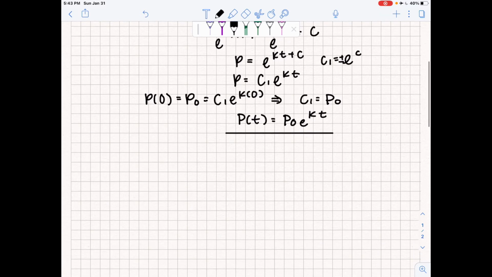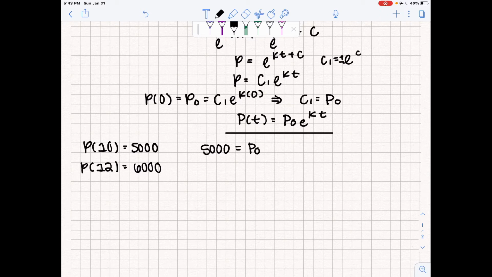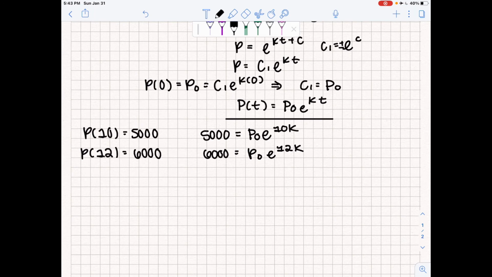And from the given information, we see that p of 10 equals 5,000 and p of 12 equals 6,000. So if we plug those into the equation we just found, we get 5,000 equals p naught e to the 10k, and 6,000 equals p naught e to the 12k. So in order to solve for k, we can divide these two equations.